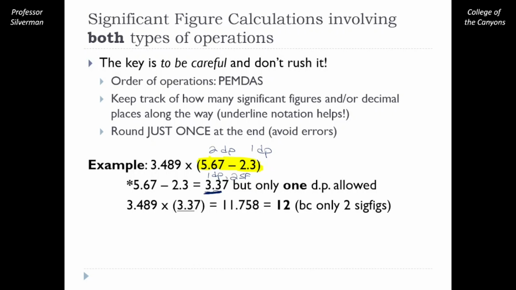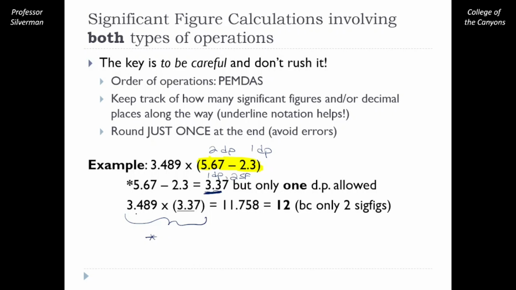Now we can do our second operation here. 3.489 times our 3.37. We type all of that into the calculator, and we get this final answer, 11.758. But now we're doing our multiplication, so we need to keep the fewest number of sig figs.